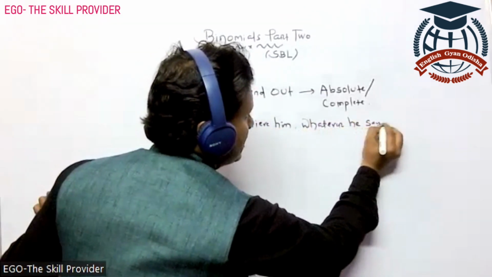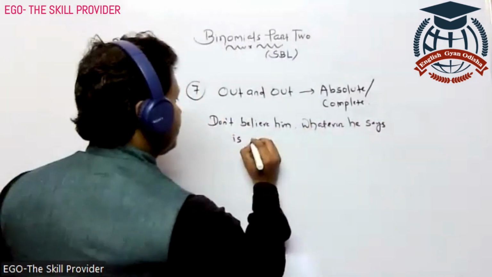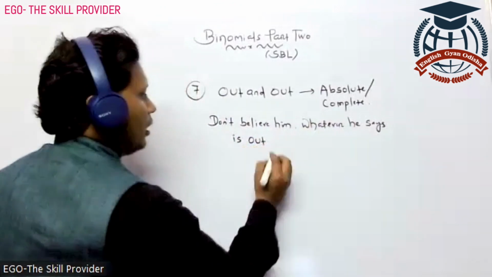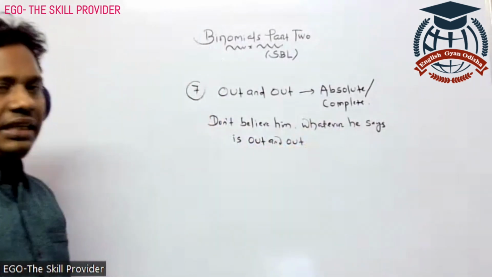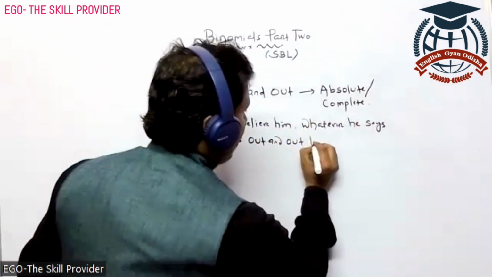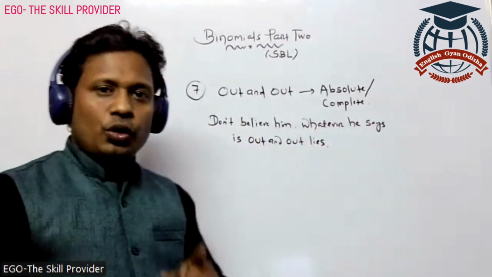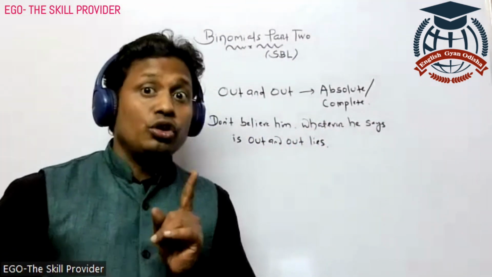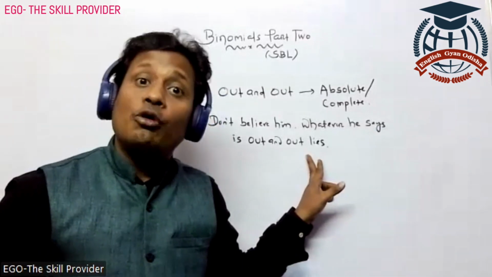Whatever he says is out and out lies. Okay. So lies, but truth's not there. Lie is a countable noun.